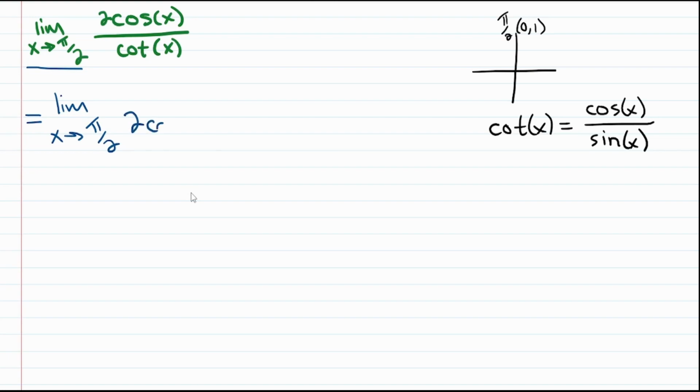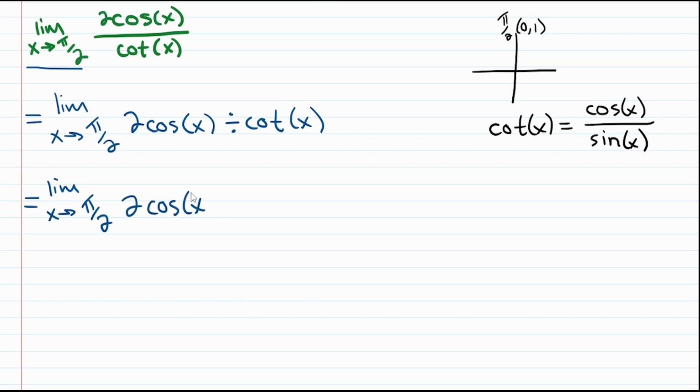So we'll have 2 cosine x divided by cotangent x. Now let's rewrite cotangent as cosine over sine. So we'll have the limit as x approaches pi over 2, 2 cosine x divided by cosine x over sine x.